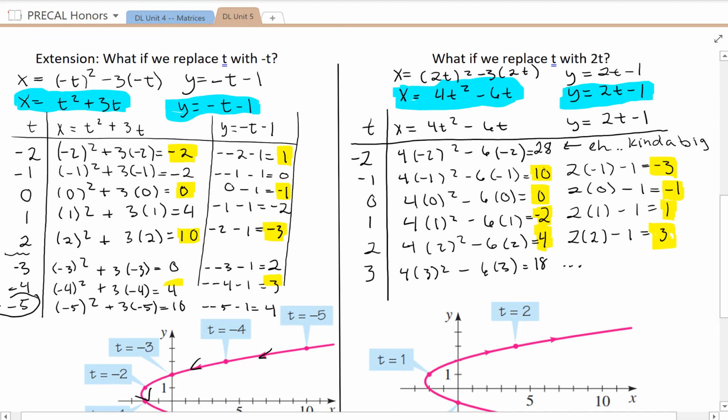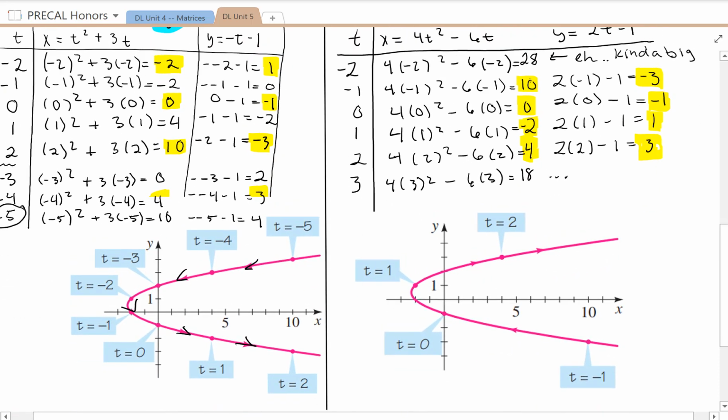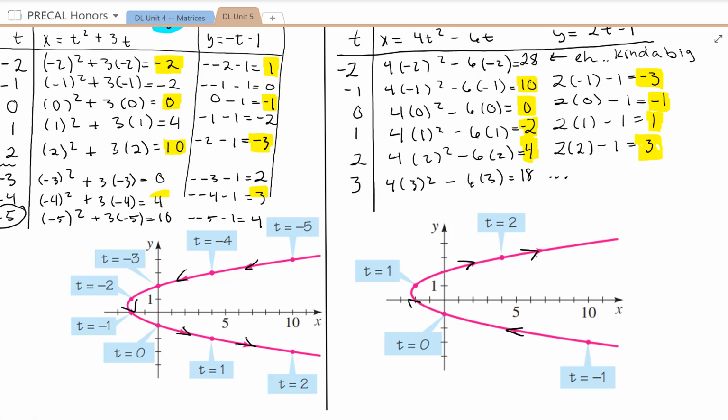When I plugged in 2t for t, I had to plug in far fewer values in order to get common points with the previous curves. It was as if it was the same curve, but with fewer points, as if it didn't take as many parameters to get a full picture of the curve.